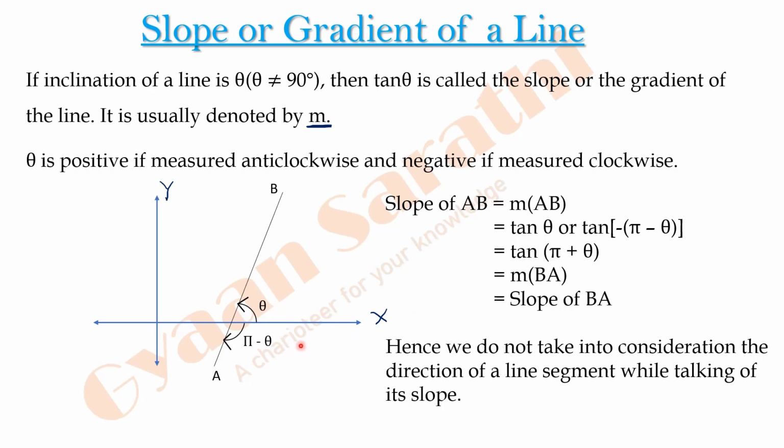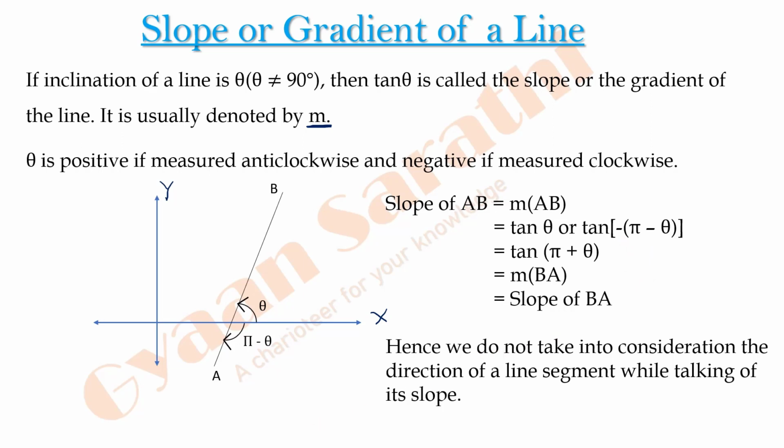But when we consider the clockwise sense and the angle pi minus theta, we have tan of minus of pi minus theta. Why? Because as already explained, if we are taking clockwise, that angle is taken as negative. So a negative sign will come here.